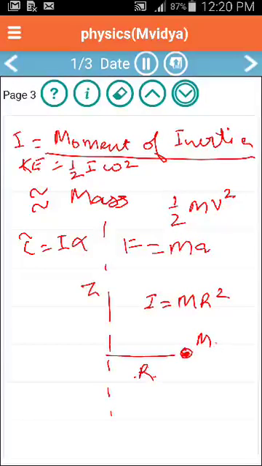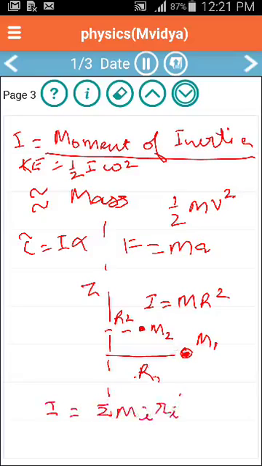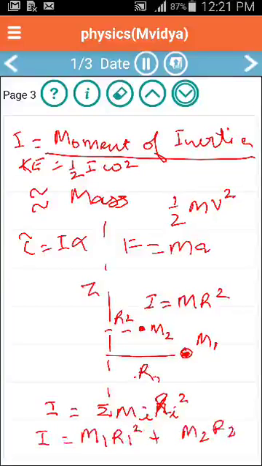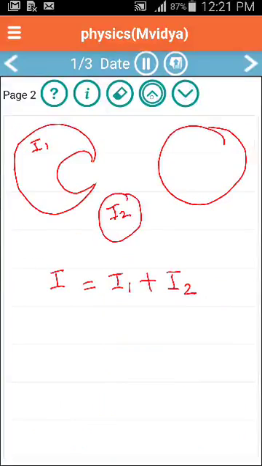If we have two, so this is mass m1 at a distance r1, and there is another mass m2 which is rotating at a distance of r2 from the axis, then by definition the moment of inertia is summation mi ri square. That is, m1 r1 squared plus m2 r2 squared. So in this case, I will be the summation of the two, I1 plus I2.